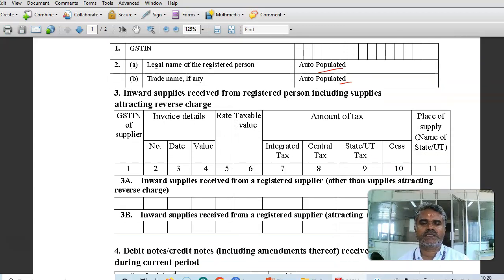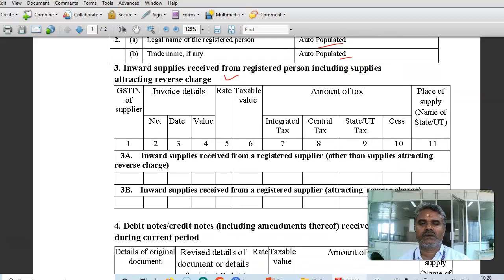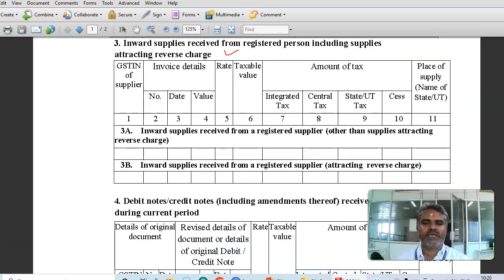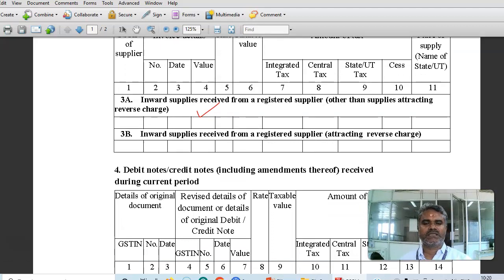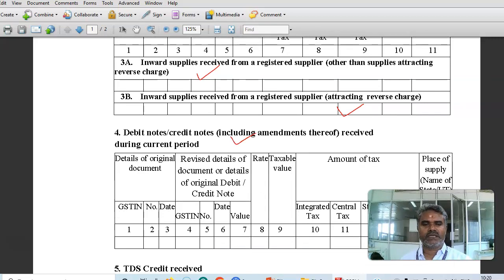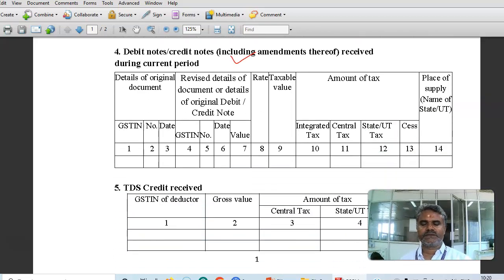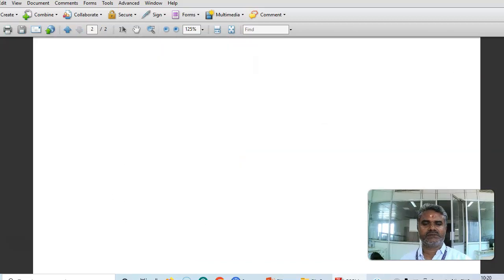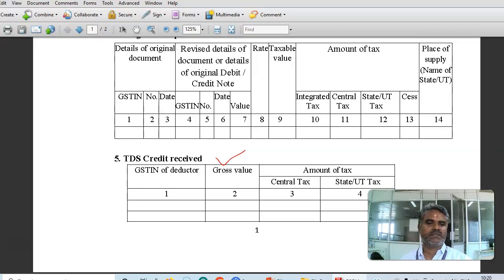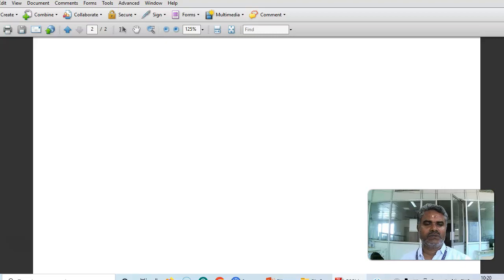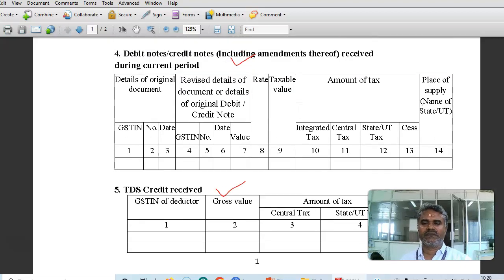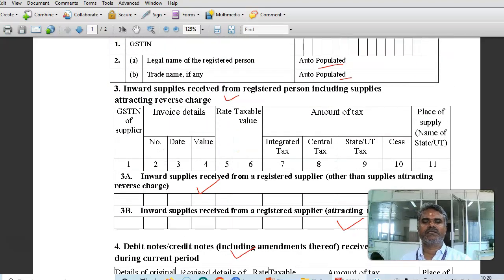Then inward supplies received from registered person including supplies attracting reverse charge, and inward supplies received from a registered supplier other than supplies attracting reverse charge. Then inward supplies received from a registered supplier attracting reverse charge. Okay, debit note, credit note. Then TDS credit received, everything. These are the information you have to give, my dear students.